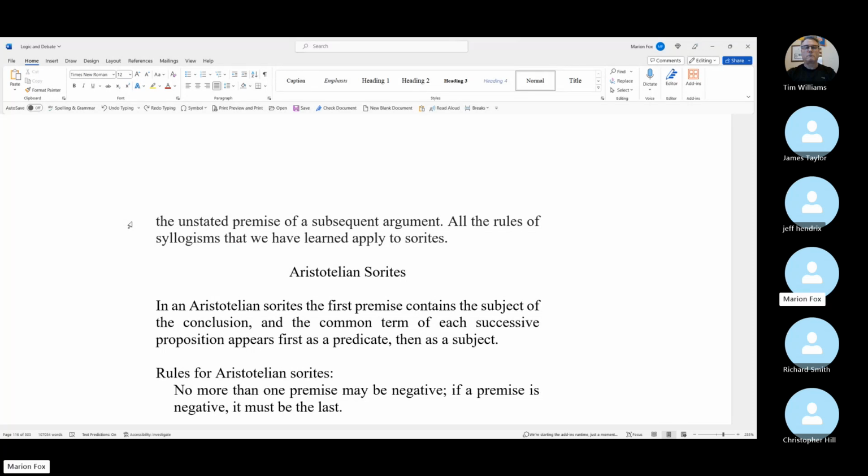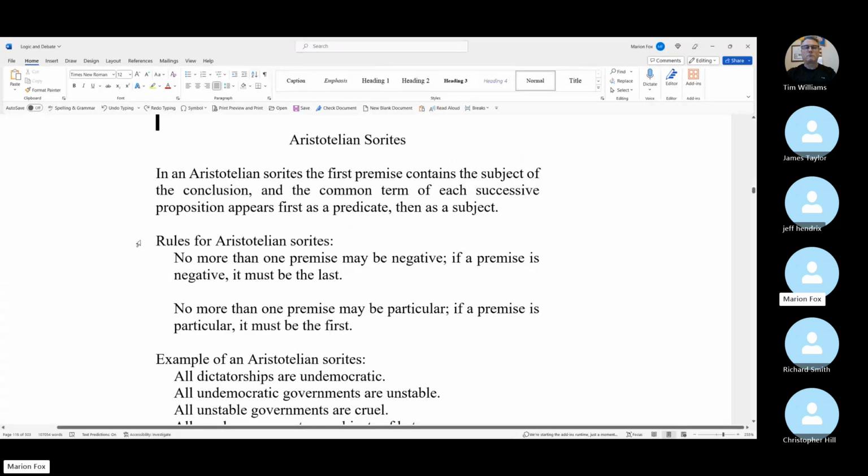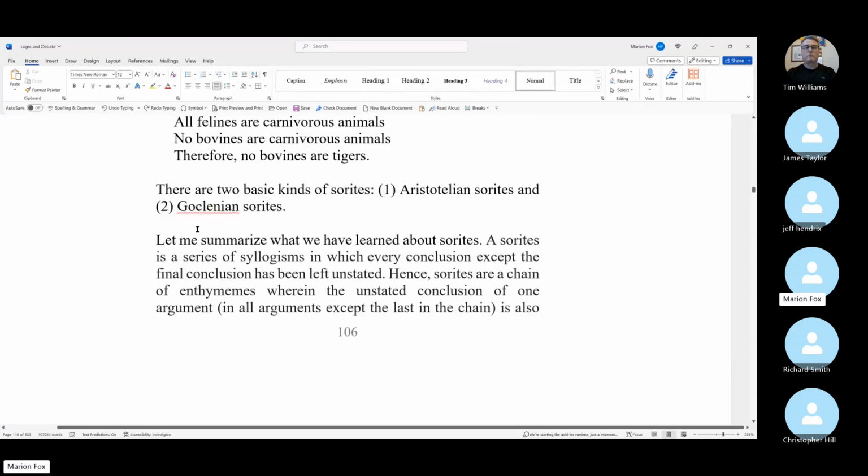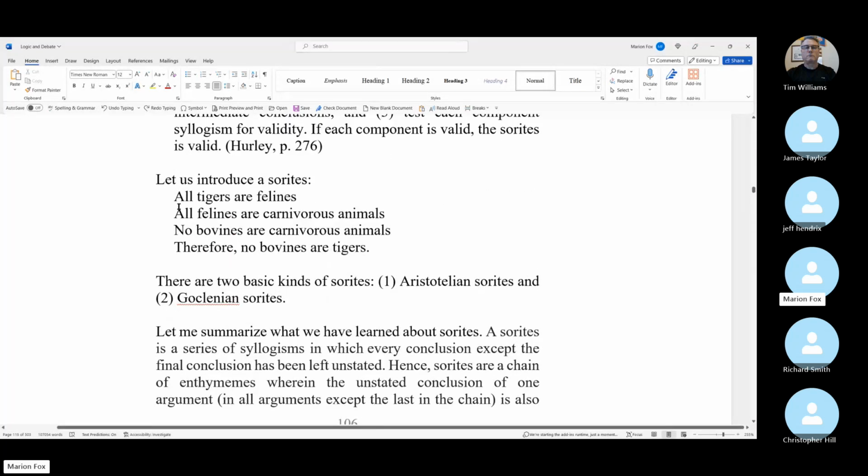Now, Aristotle's Sorites: no more than one premise can be negative. Well, that's true. You can't do that. If a premise is negative, it must be the last in his form. That's the last one. Let's go back and look at what I constructed up here. Right? The last premise right here is negative.